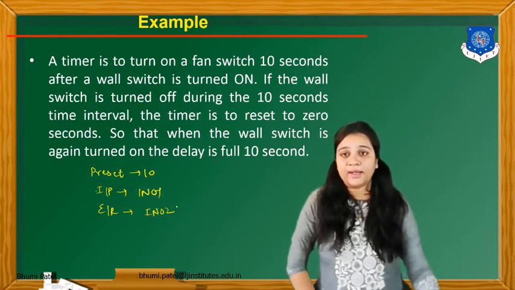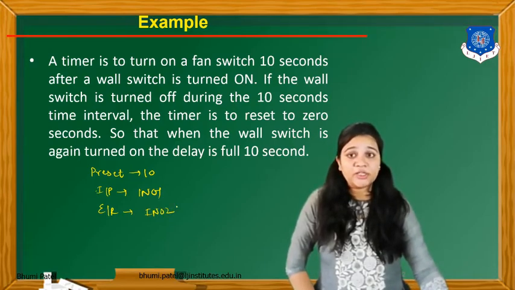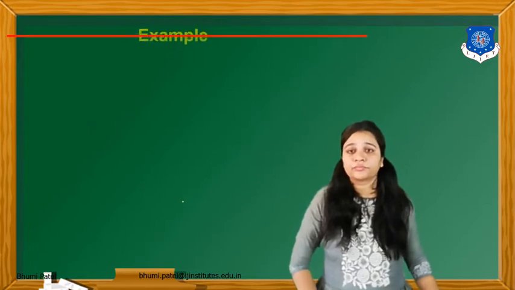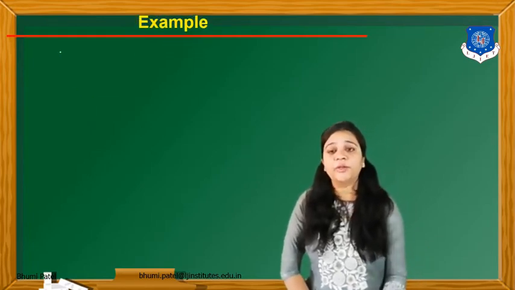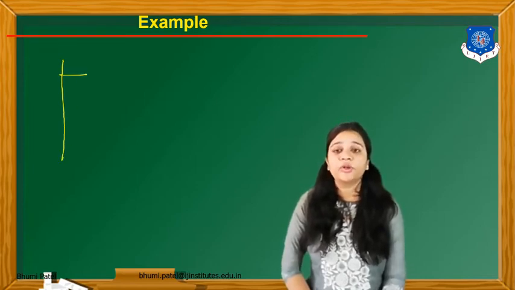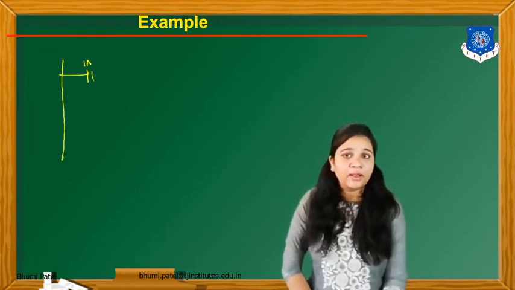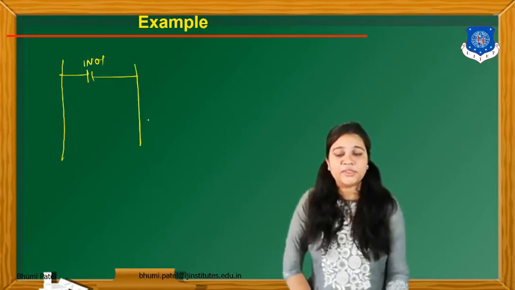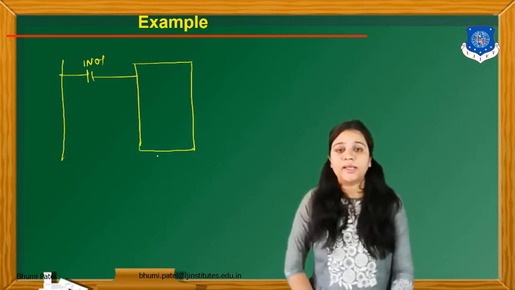So the must condition is that we connect the enable or reset pin for this timer. In the timing diagram, the exact logic behind this example is that we take one input signal as a wall switch, and the name of the input is IN01. Compulsorily, we have to draw the block format in the exam whenever you have to draw the timing example.